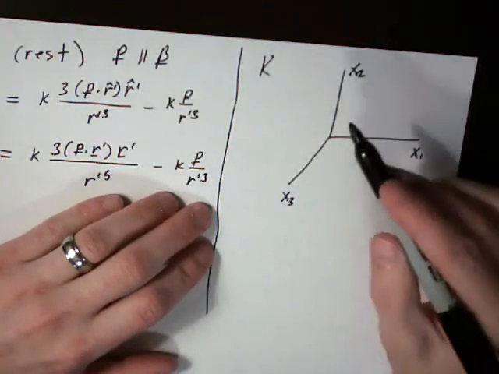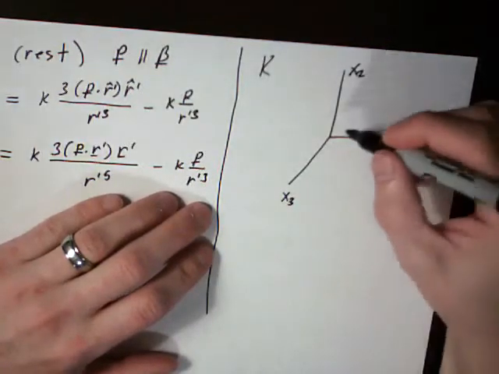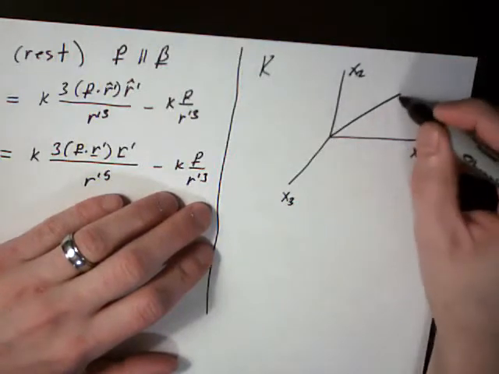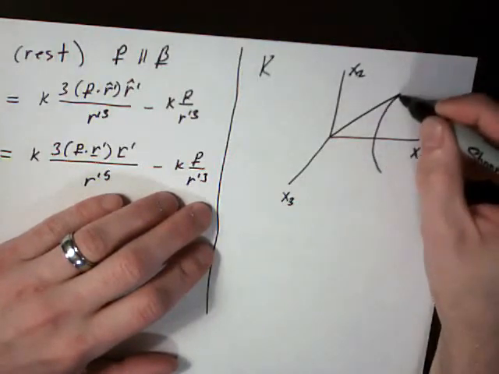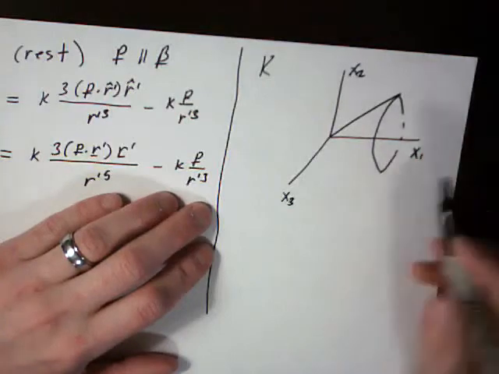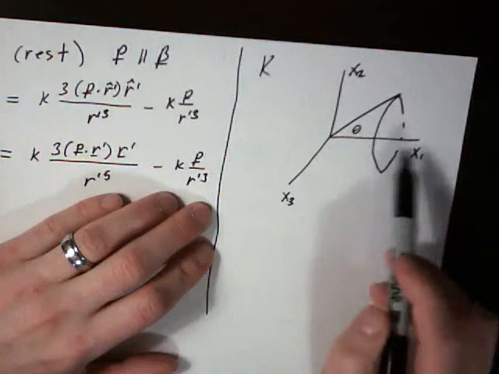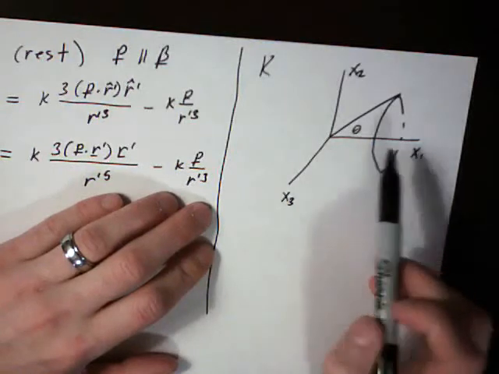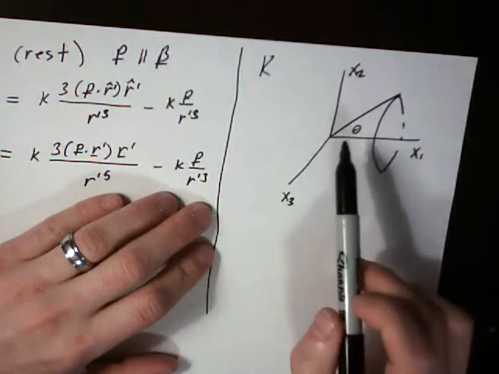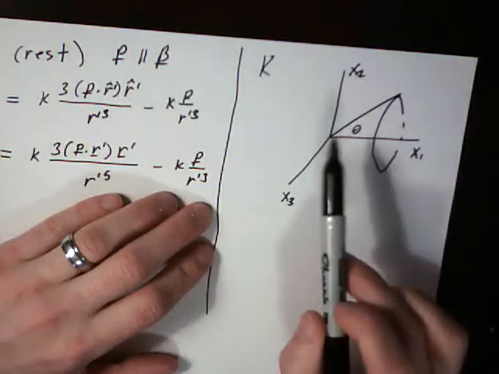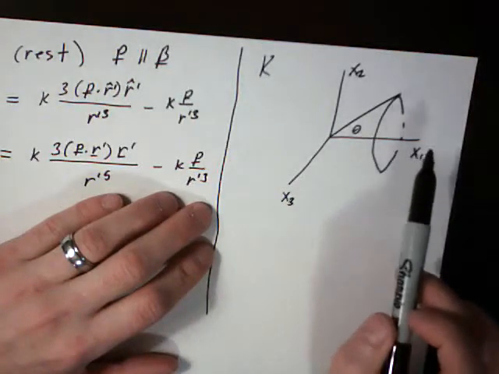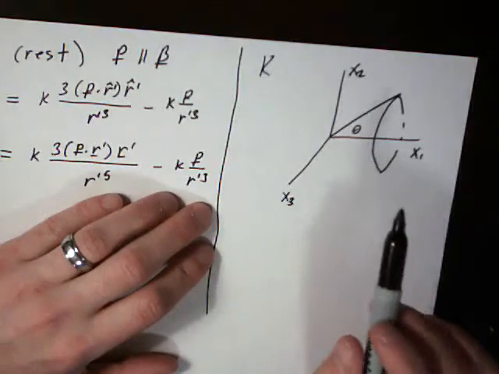Now, I also want to write this in terms of spherical coordinates, where my theta is the angle away from the direction of travel. In other words, this first coordinate is the axis for the spherical coordinates.